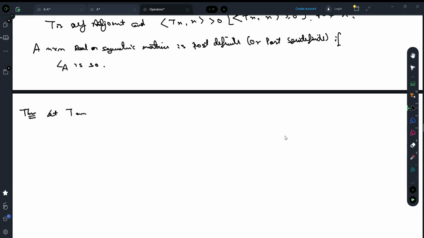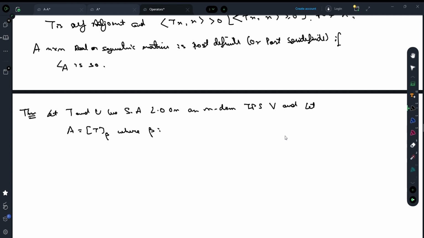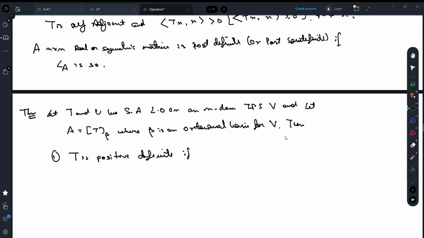Let T and U be self-adjoint linear operators on an n-dimensional inner product space V, and let A be the matrix of T with respect to beta, where beta is an orthonormal basis for V. Then number 1, T is positive definite if and only if all its eigenvalues are positive.